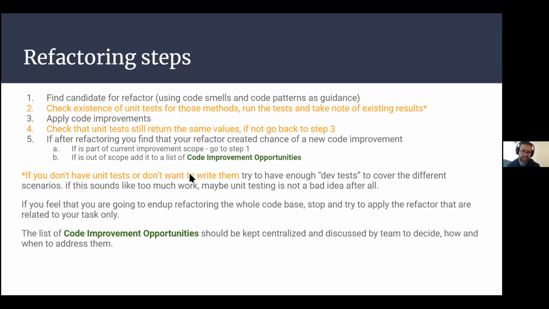What I mentioned as the list of code improvement opportunities is pretty much that. It should be a centralized document that we as a team keep. Kind of say, hey, at least I raised my hand about that, and it's in there. Any other developer can see it. Maybe if they find it, they don't report it because it's already there.